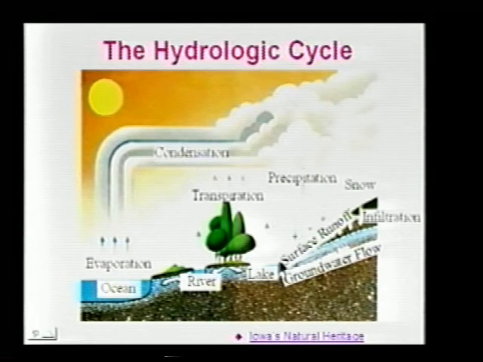It runs off down the surface or it infiltrates into the ground as groundwater. And that groundwater also flows downhill into lakes or rivers or streams. Some of it's picked up by plants through their roots and evaporates back to the atmosphere. We call that transpiration rather than evaporation. And others of that flows down rivers ultimately into the ocean. And on that way down, either in the lakes or the rivers, it's really available to humans for our use.